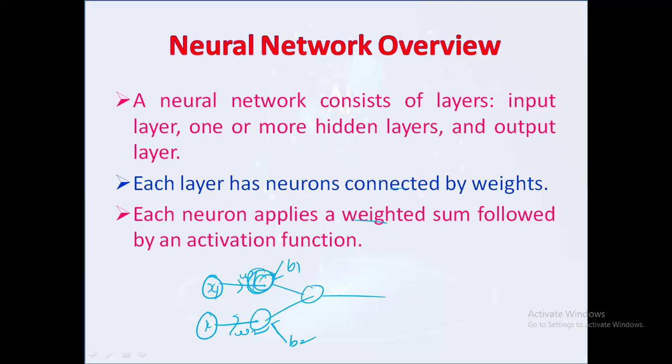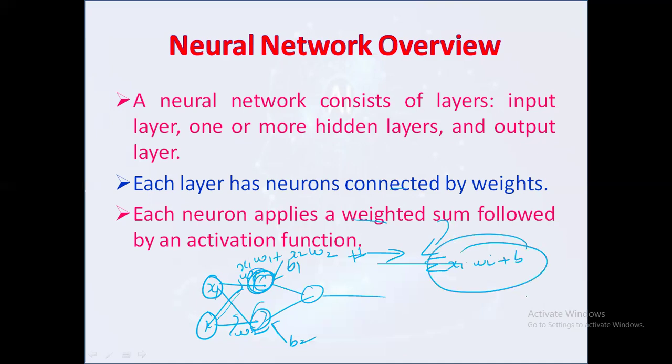Here we calculate x1 w1 plus x2 w2, and similarly for this neuron plus b2. This we can call the weighted sum. After finding the weighted sum, the sum of xi wi, we apply it to the activation function. This is the basic overview of the neural network.